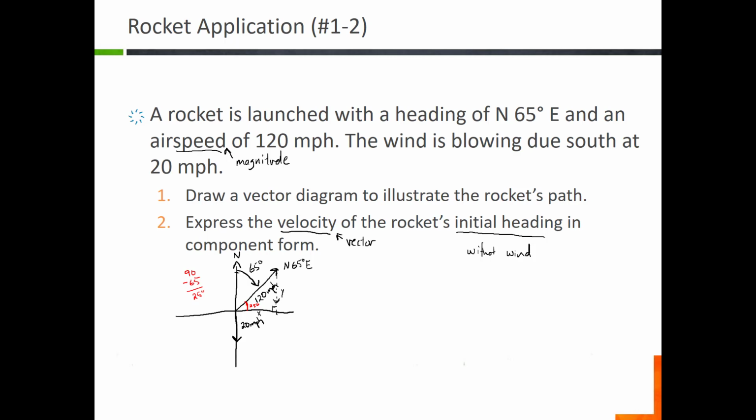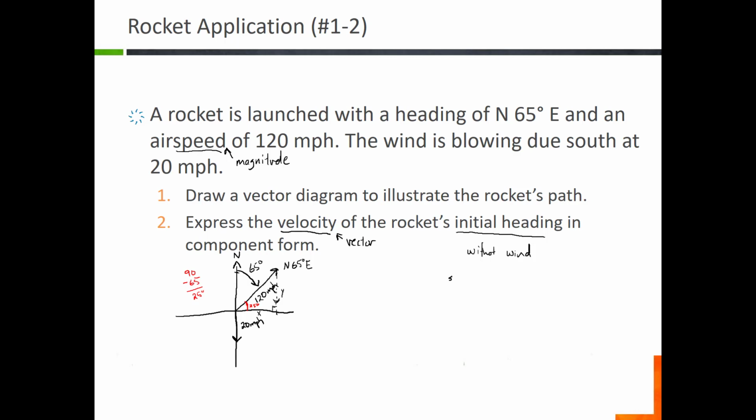To find our components, we have an angle, an opposite side, an adjacent side, and we know the hypotenuse. So I can express the x and y components using right triangle trig.